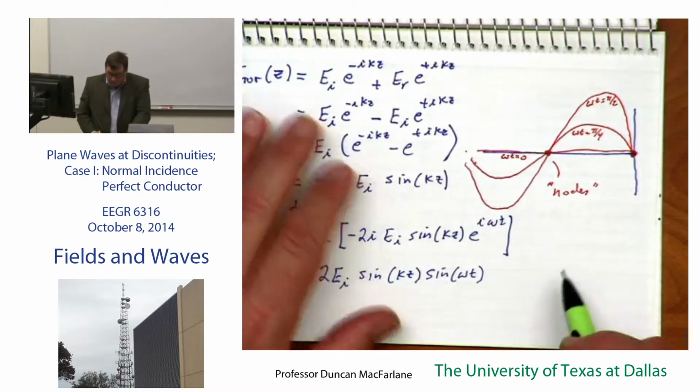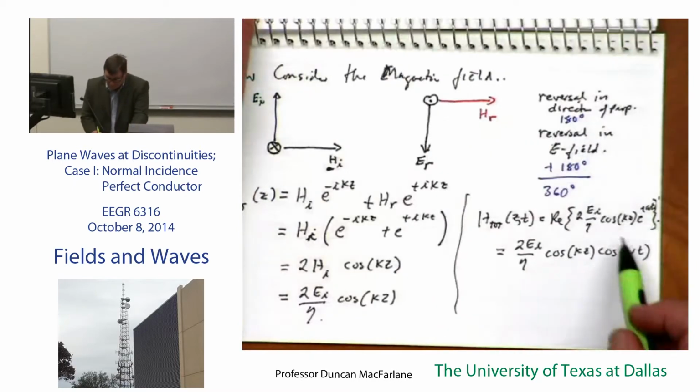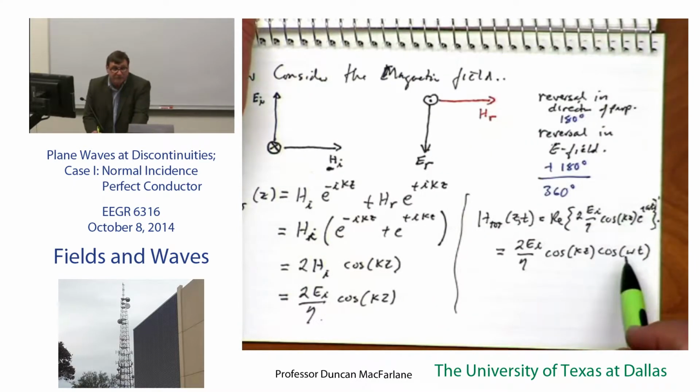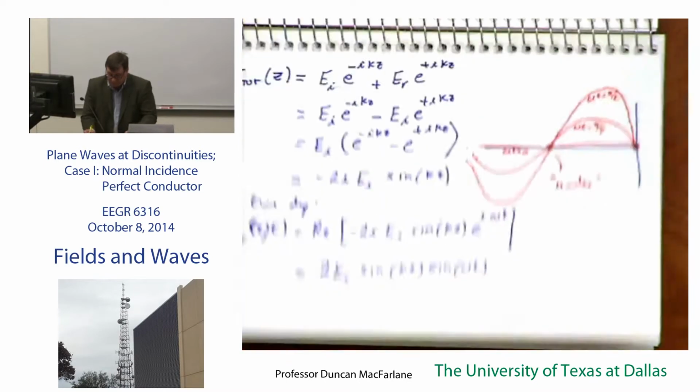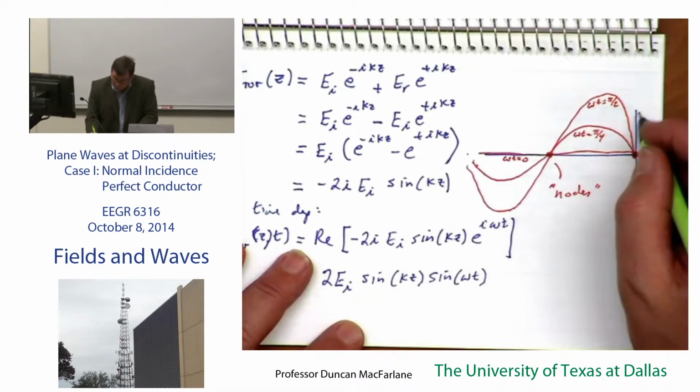And now, at omega t equal to 0, I get maximal. At z equals 0, I get 1. So I have a magnitude up here.